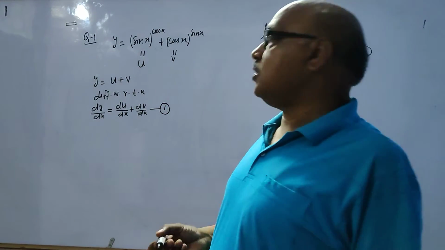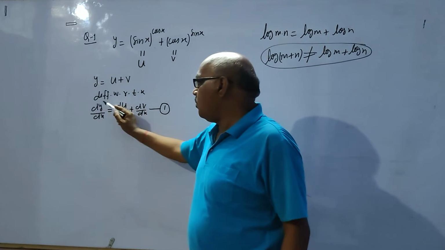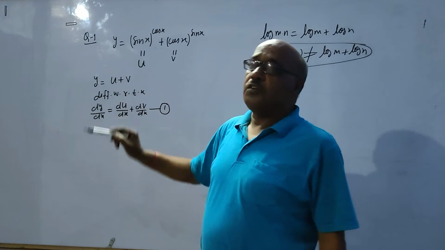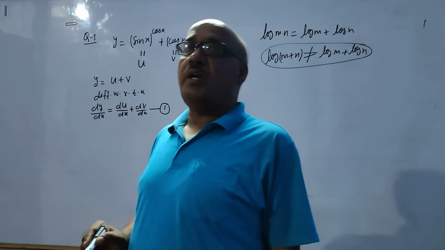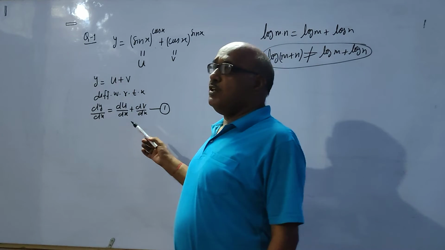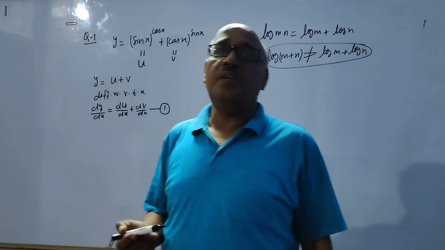So what should be our aim? Our aim should be to find the value of du over dx and dv over dx separately and finally put them here.